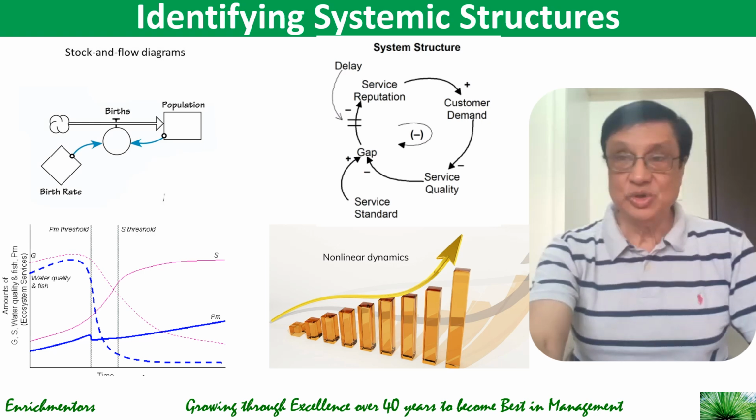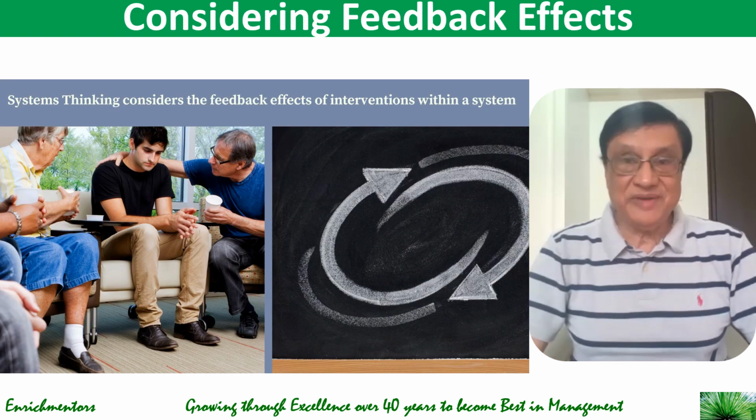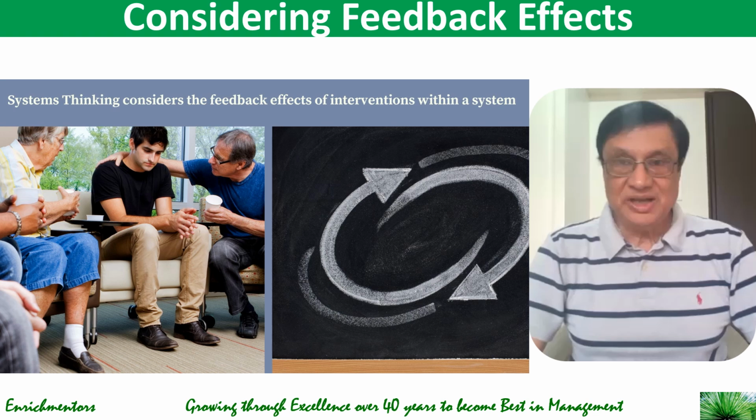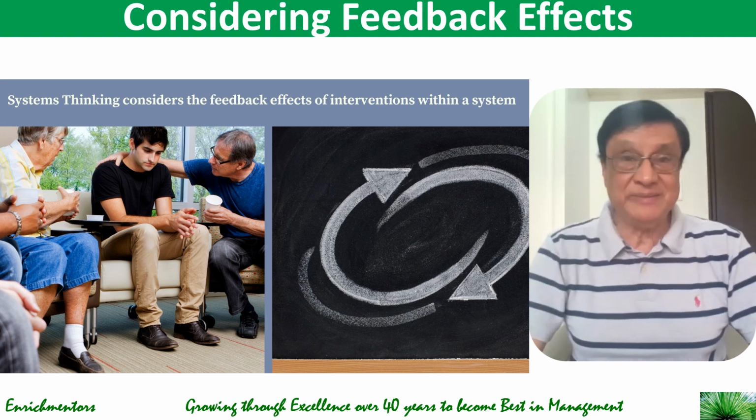Also, systems thinking considers the feedback effect of interventions within the system. It recognizes that changes made in one part of the system can have unintended consequences elsewhere, and by anticipating and analyzing these feedback effects, systems thinking helps identify potential root causes of problems that may result from well-intentioned interventions.